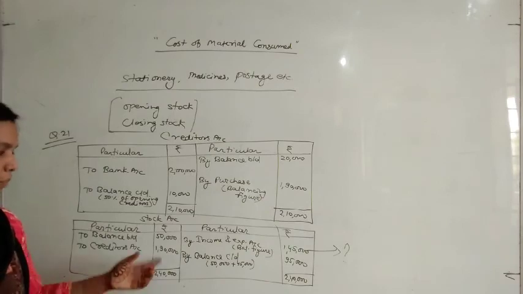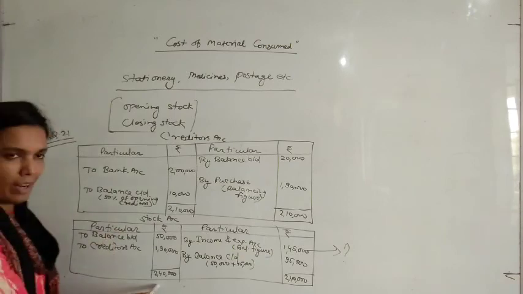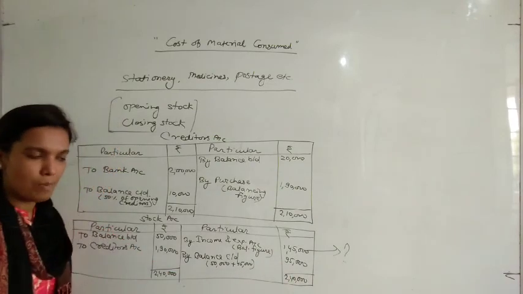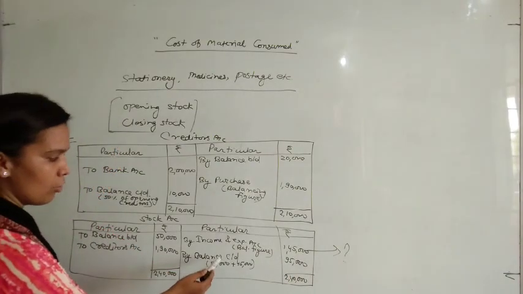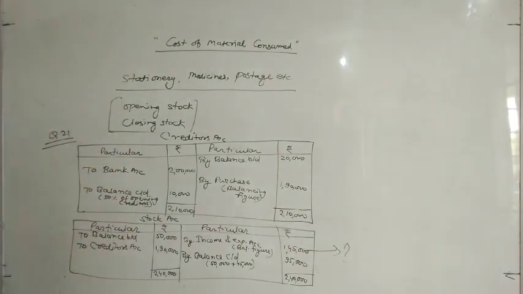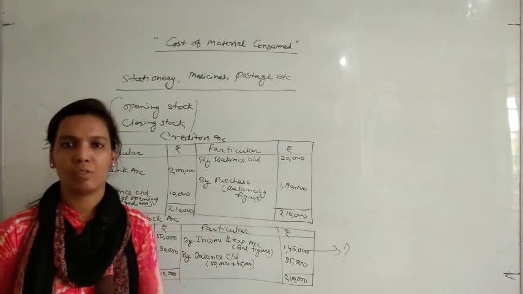Here we don't have any cash purchase, so just the total of the debit side is 2,40,000. Out of 240 we deducted the closing balance, so the amount to be shown in income and expenditure account is 1,45,000. This is the final answer of this question.